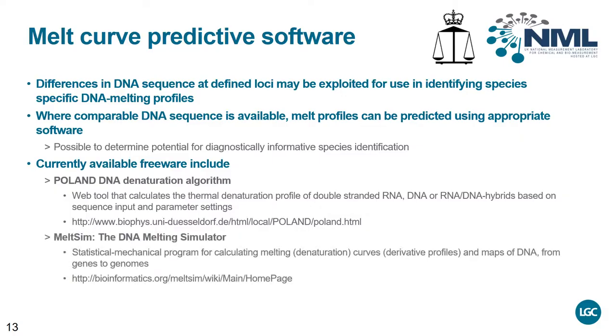Poland is a web-based tool that can generate melting profiles for double and single-stranded DNA or RNA molecules or DNA-RNA hybrids. This allows the user to evaluate the discriminatory power of a DNA melting analysis in differentiating between known sequence variants for a DNA target.